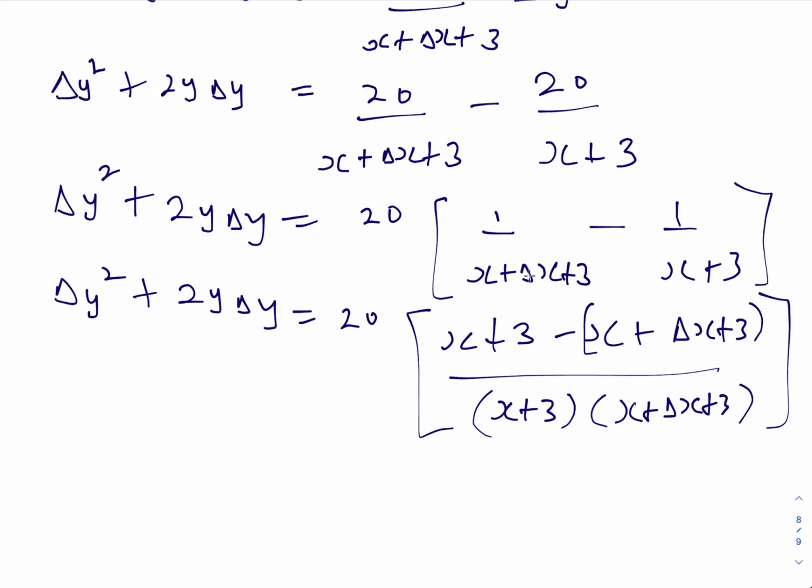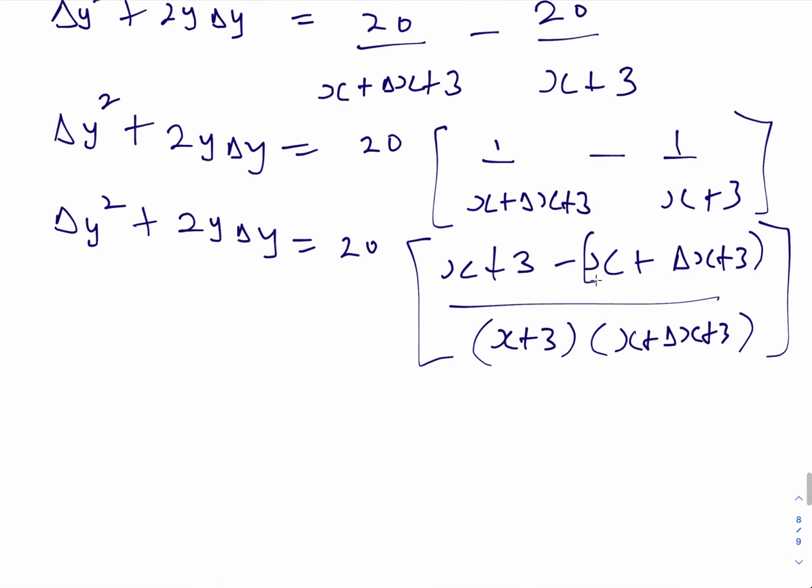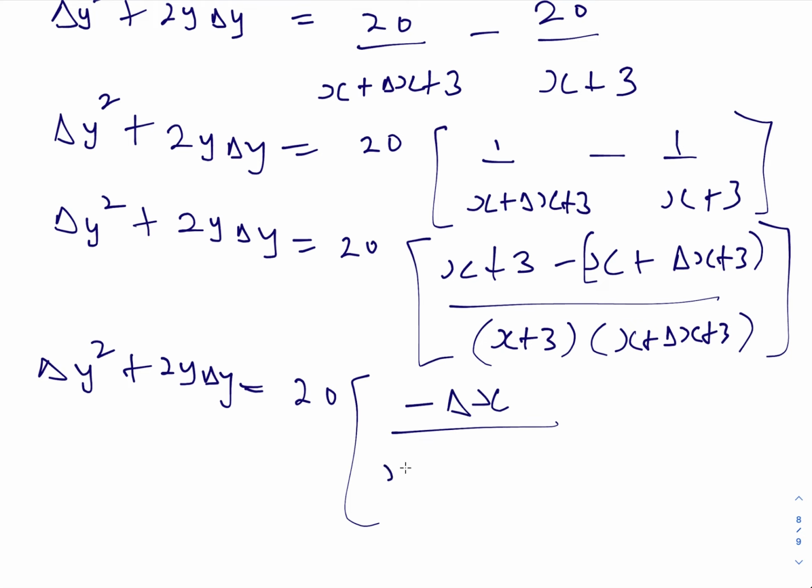Now we can simplify the numerator. The x cancels out, the 3 cancels out, and we are left with negative delta x, everything divided by (x plus 3) multiplied by (x plus delta x plus 3). We're almost there.